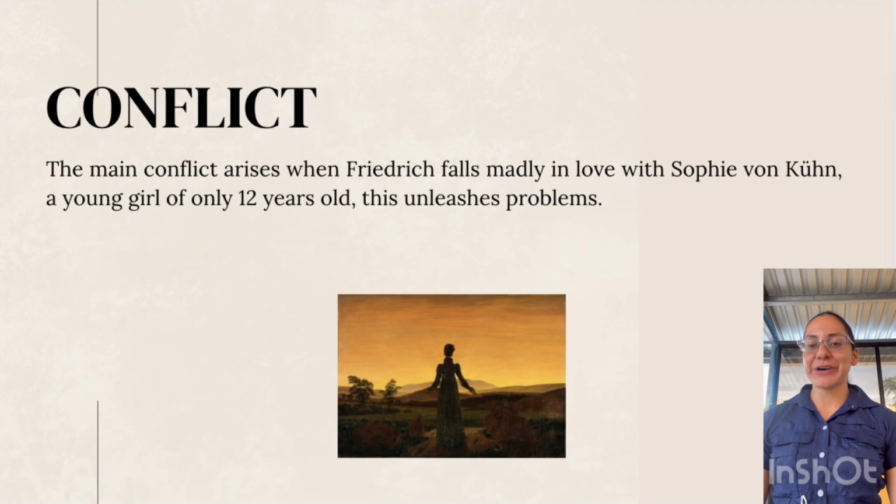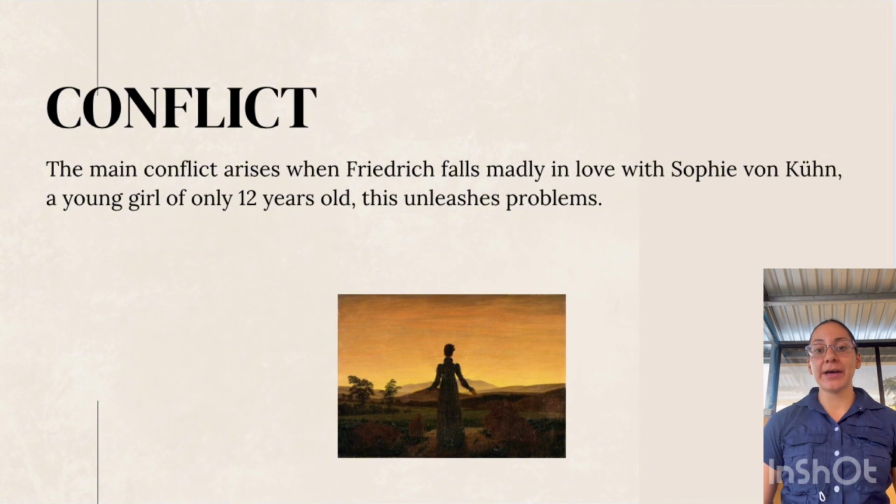The second part is conflict. The main conflict arises when Friedrich falls madly in love with Sophie von Kühn, a young girl of only 12 years old. This unleashes problems. This point marks the beginning of the internal and external struggle that the protagonist will face throughout the story. Why?